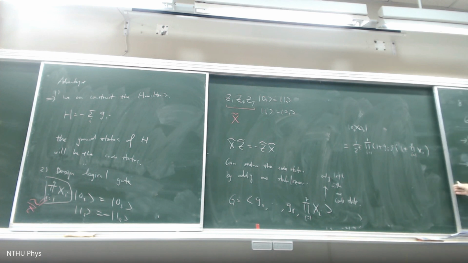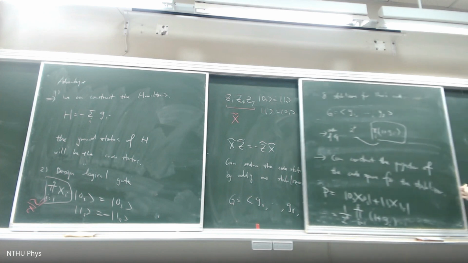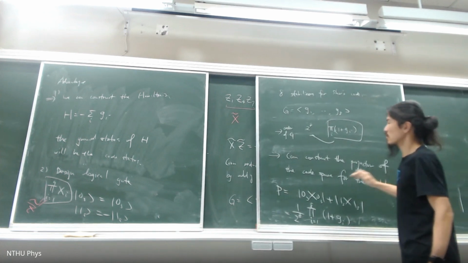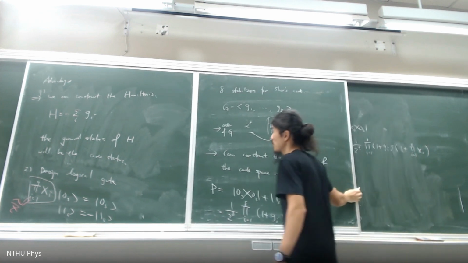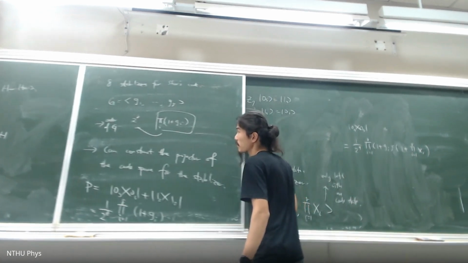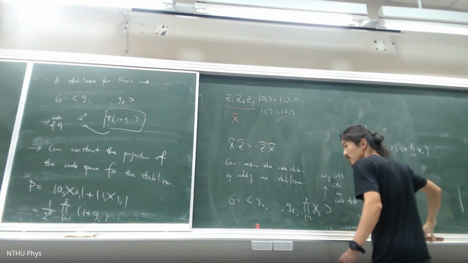With this kind of demonstration, we can also ask whether this stabilizer code satisfies the quantum error correction criterion, right? So we can ask about the correction criterion.